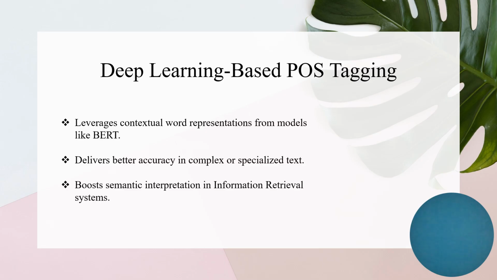Mainly in information retrieval, deep learning models like BERT, Bidirectional Encoder Representations from Transformers, use contextual embeddings and fine-tuned language representations to improve the understanding of both queries and documents.